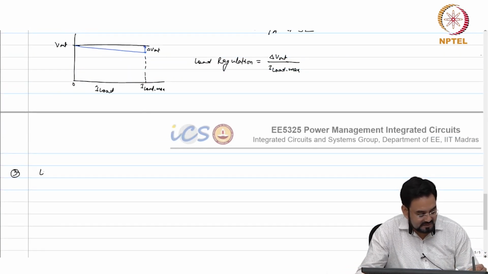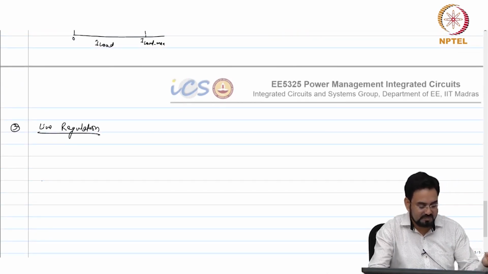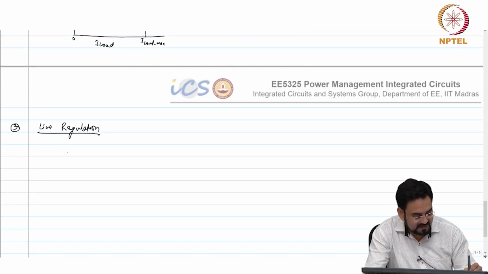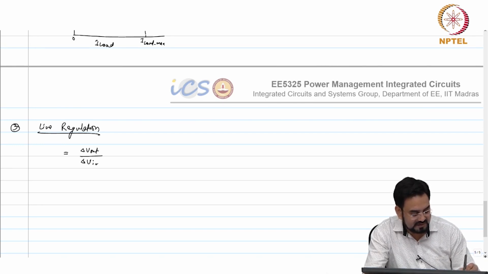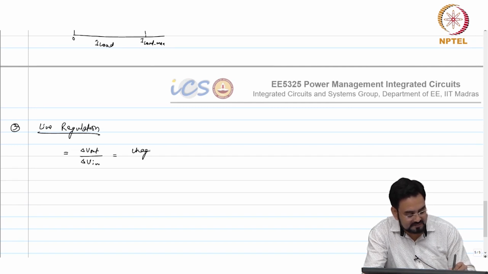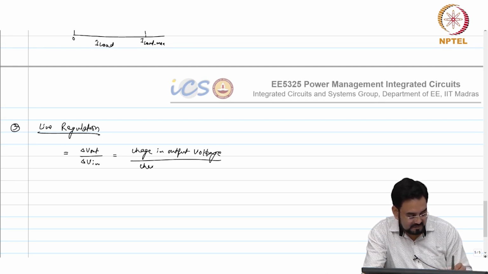So, the third one is line regulation. Line is nothing but the input voltage V in. So, we define it as delta V out over delta V in, which means change in output voltage with respect to change in input voltage.